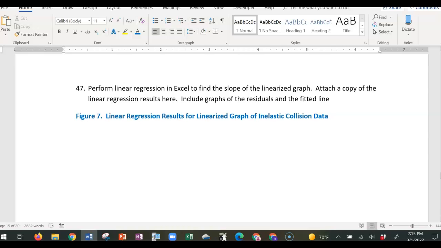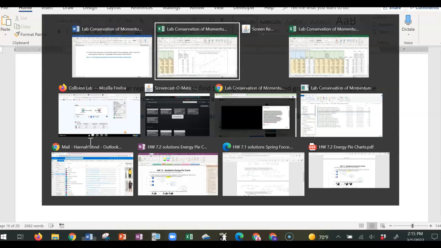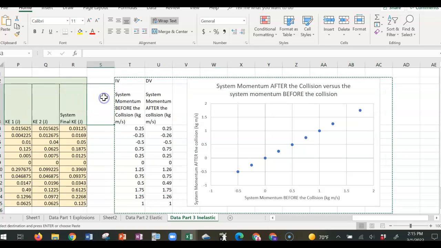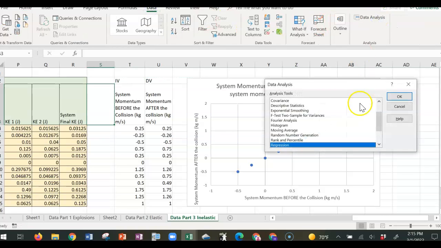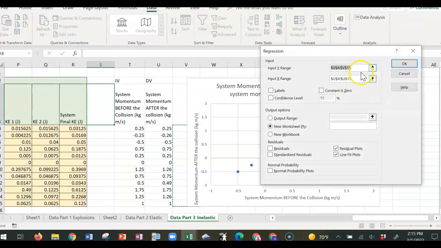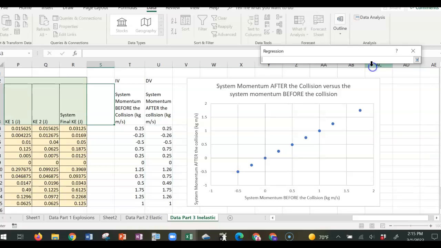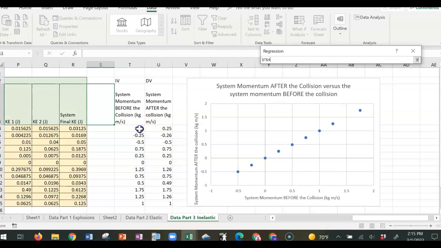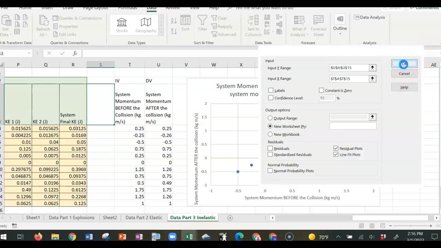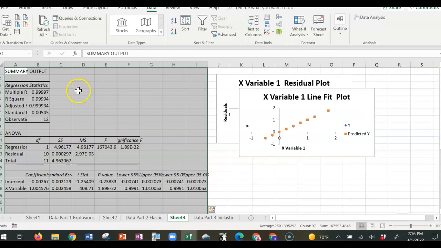Let's get a slope so that we can write a physics equation. So I'm just going to do a linear analysis, linear regression. I'll delete this data that we had from the previous one. Okay, so I need to give it my y values, which is the momentum after the collision, and then the x values, the momentum before the collision. Here we go.